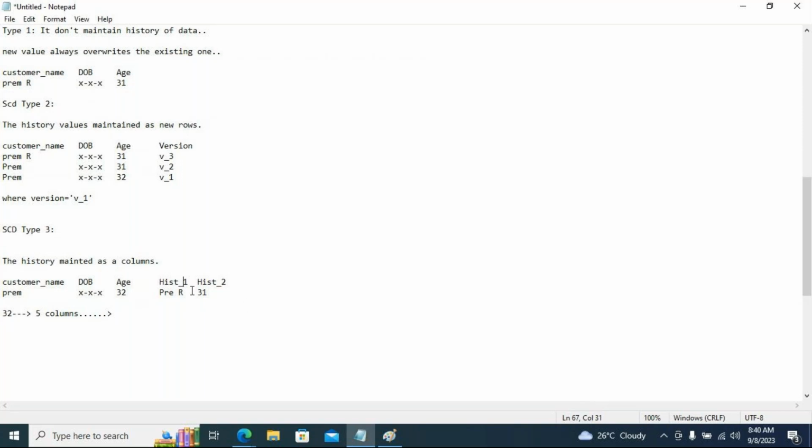What is the first history? This is the first history, and it gets deleted. Say it's 33 and a few more changes are made. This is the first column, and it gets deleted dynamically.